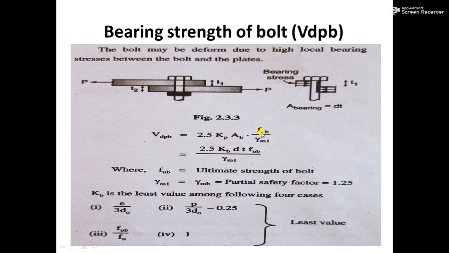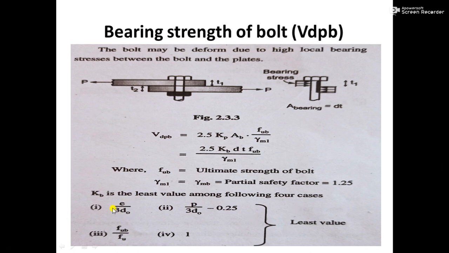AB is the area of bolt, FUB is ultimate stress in bolt, gamma m1 is the partial factor of safety which I learned in the last unit, taken as 1.25. Kb is the bolt constant and it is taken as the least value among the following 4 cases.